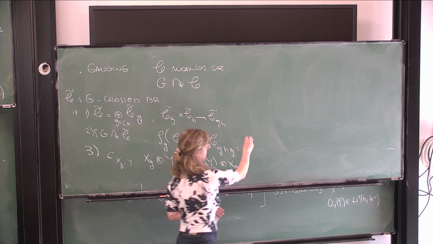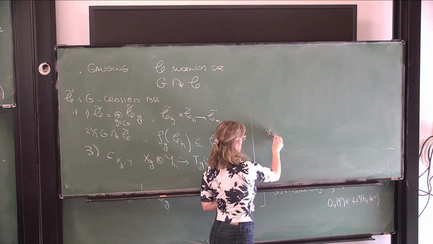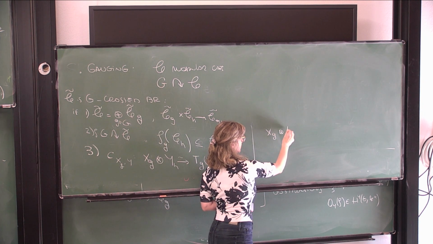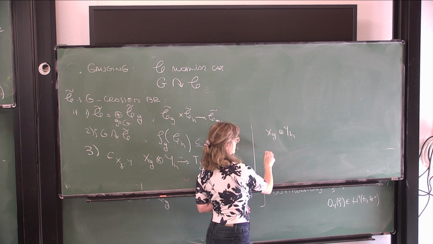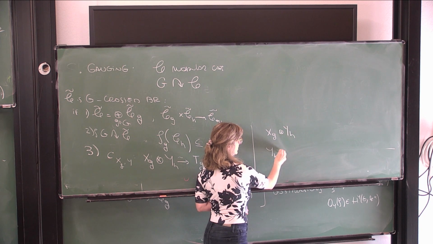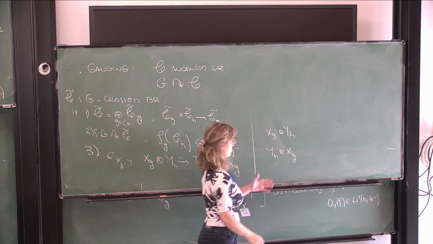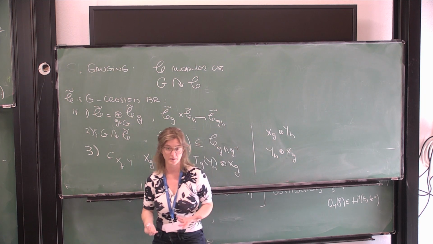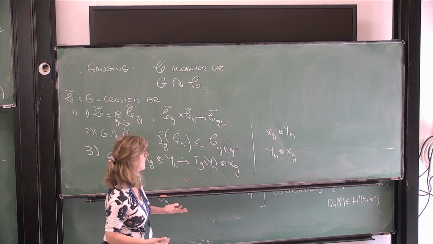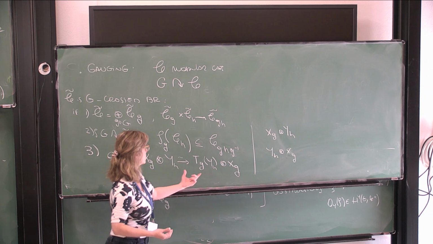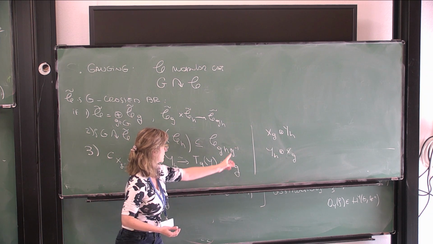Sorry, what I wanted to say is, in principle, since I didn't ask G to be abelian, these two things don't live in the same component, so I cannot have an honest braiding. One lives in GH and the other in HG. So I will correct that, and I hope I did it in the correct order.